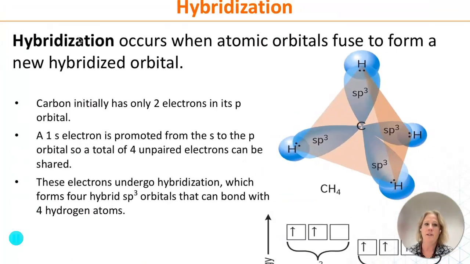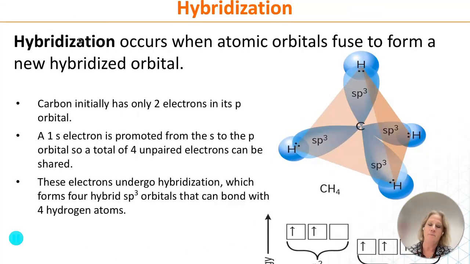Hybridization. In real life, we have hybrid cars that are in between gasoline and electric. We have a lot of hybrid types of vegetables and fruits, like an apple pear, where they combine and you get traits of both. Similarly, in chemistry, the atomic orbitals will fuse together and form a whole new set of orbitals that are similar but different than each of the originals.